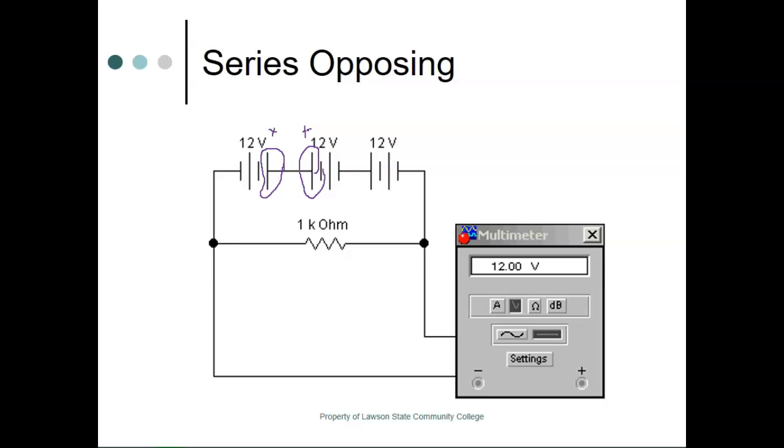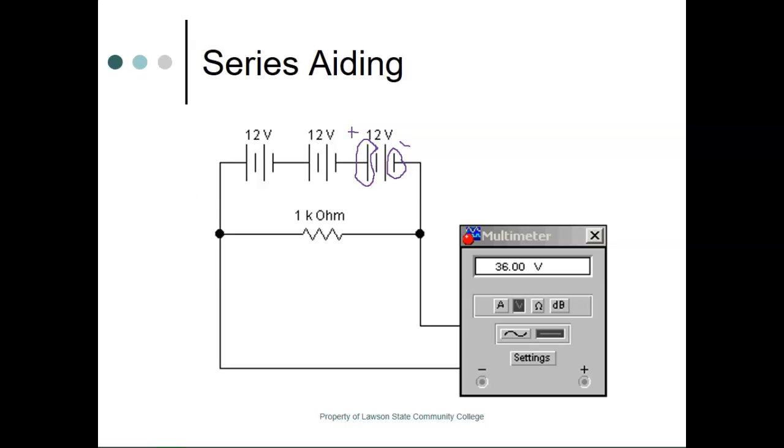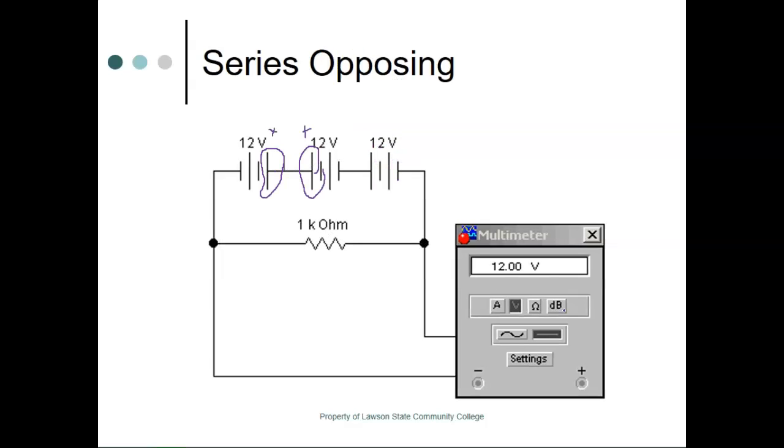Does that make sense? So on this one, we ended up with 36 volts because we added 3 12-volt battery cells together. And this we only ended up with 12 because 2 of them are canceling each other out. That's why if you don't put the batteries into a flashlight the right way, it doesn't work, right? Make sense?